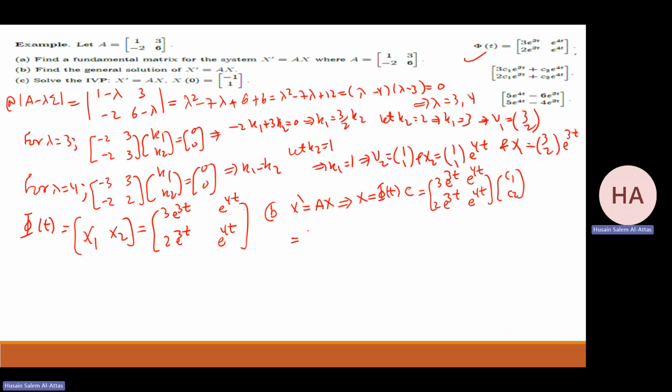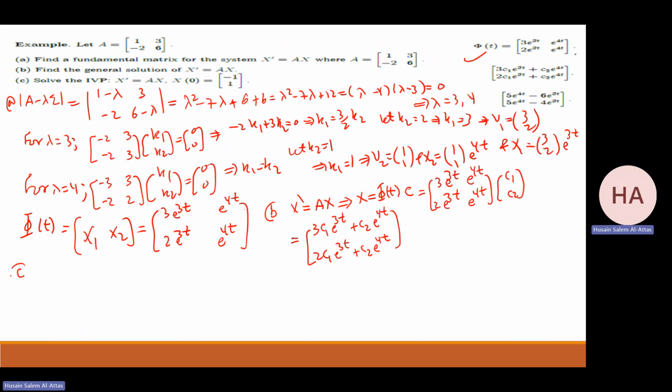If you want to write it as a solution in rows, it will be 3 c1 e^(3t) plus c2 e^(4t), and 2 c1 e^(3t) plus c2 e^(4t). That will be part B.